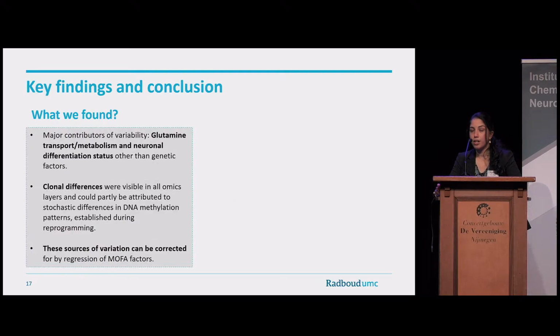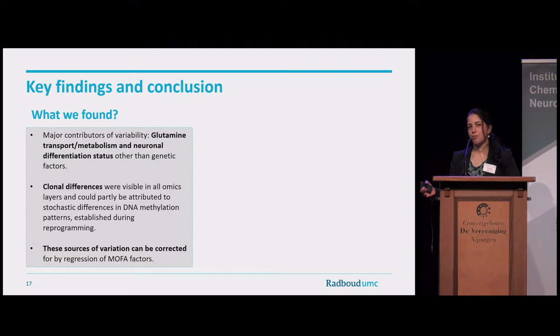So, what were our key findings? We found that the major contributors of variability were glutamine transport, metabolism, and neuronal differentiation status, other than the existing genetic factors that were different among the iPSC lines. The second was that the clonal differences were visible in all of the omics layers.